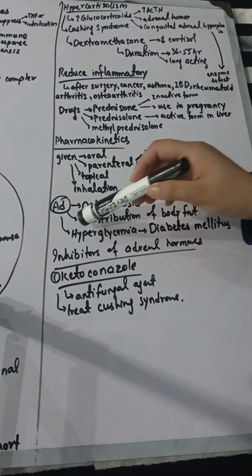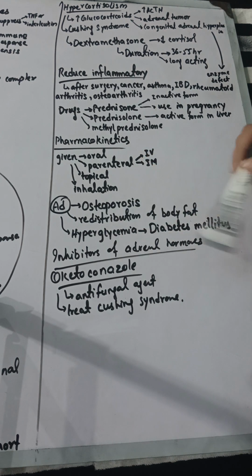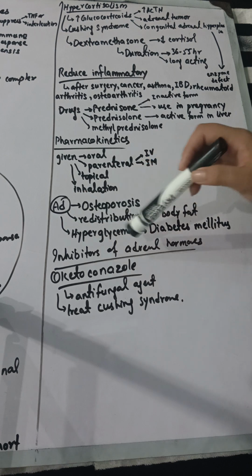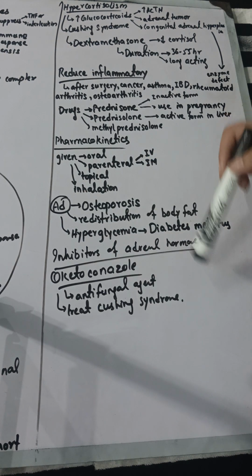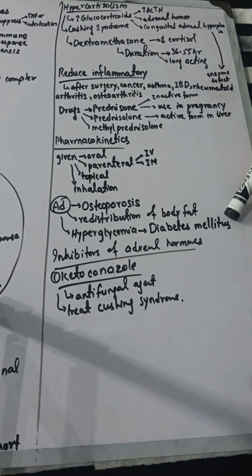The last adverse effect is hyperglycemia. Hyper means increase, and glycemia means glucose. It increases glucose by causing gluconeogenesis, the synthesis of glucose, and can cause diabetes mellitus on prolonged use.